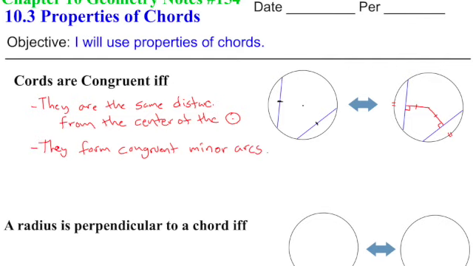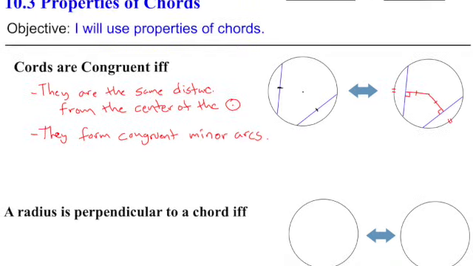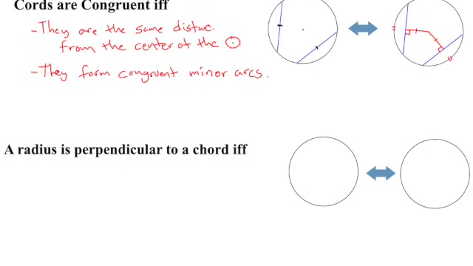Okay, let's look at the next property, which is a radius is perpendicular to a chord. So let's go ahead and look at a radius here. We have a radius that's perpendicular to a chord. There's a radius, and I'm going to make it perpendicular to a chord. So let's just draw a chord across here.